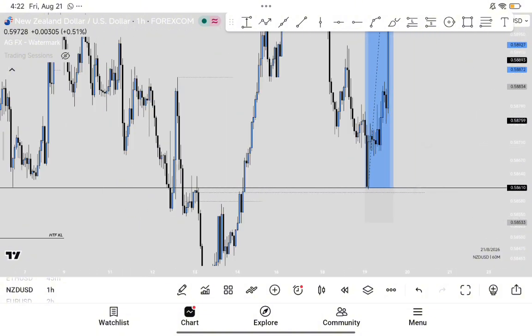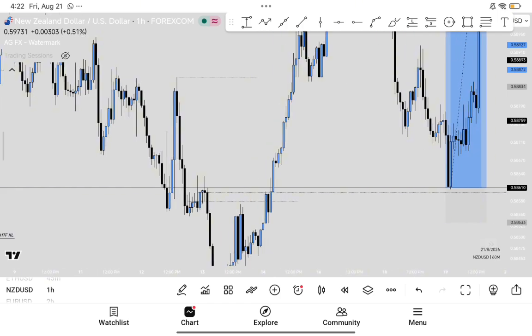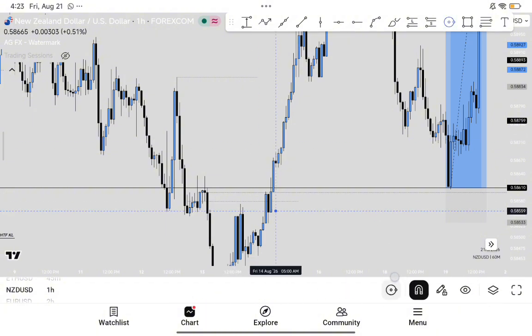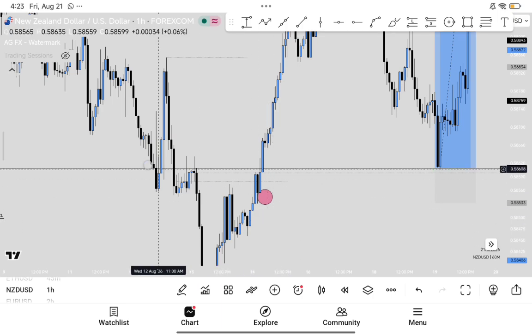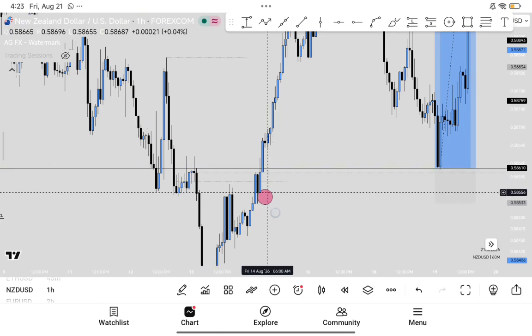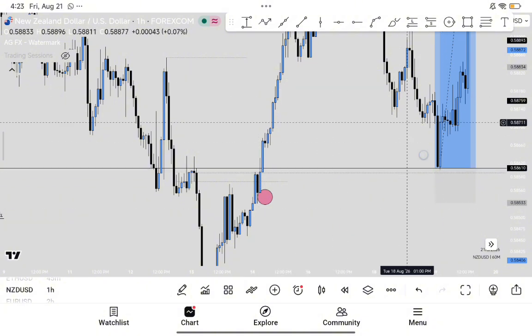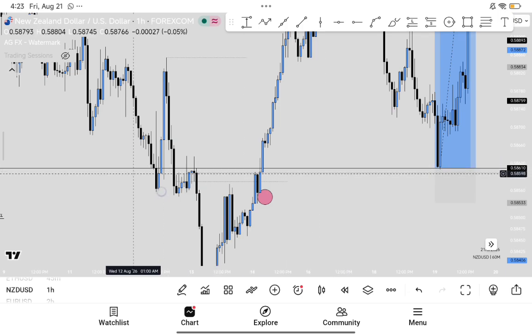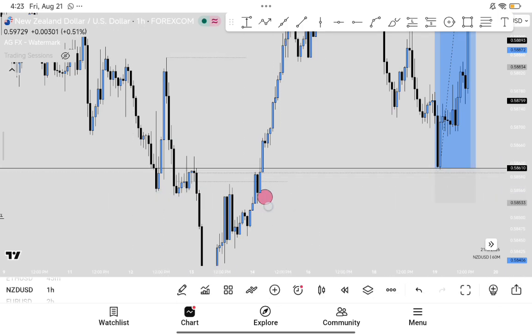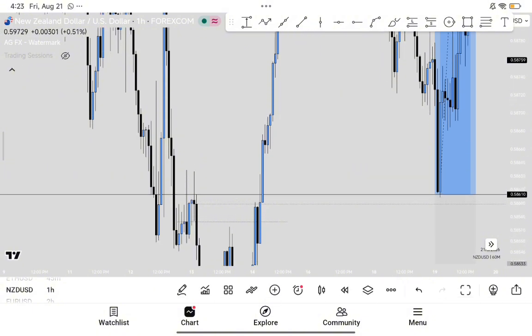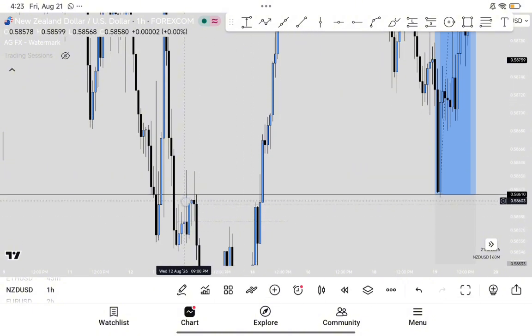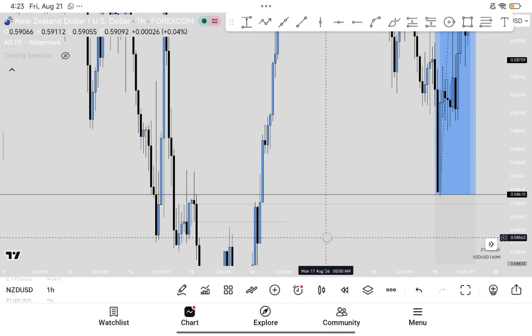Another reason why I took it is because if this RBS had been, let's say, somewhere around here, very far away from this particular level, I would have paid more attention to this RBS, or I would have waited for a rejection from this one, then used a re-entry to continue. Then if price didn't give any reaction to this one, I'd just enter directly from this RBS. But since that's not the case, I used my stop loss to cover the RBS to avoid getting stopped out.